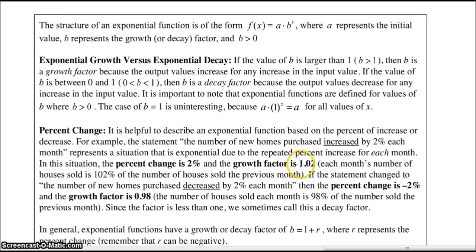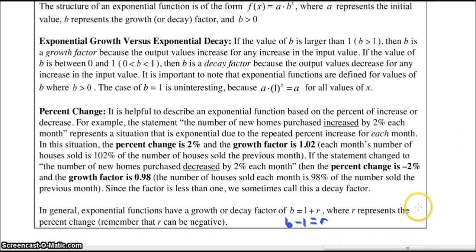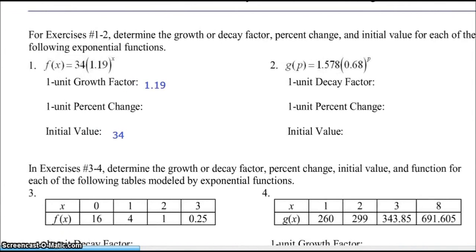Something that's interesting to note here is that if b is 1 plus r, then b minus 1 equals r. So that percent change, we can always find it by taking our growth factor b and subtracting 1. And number 1, I can look at this one and see that the percent change is positive 19%.